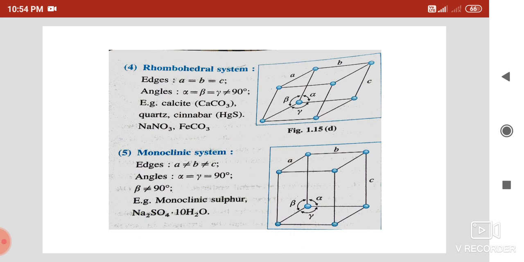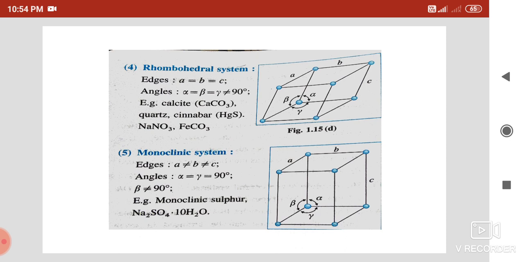It is shown by compounds like calcite, that is calcium carbonate, CaCO3, quartz, a type of sand, cinnabar, that is HgS, mercuric sulfide, NaNO3, sodium nitrate, and ferrous carbonate, FeCO3.